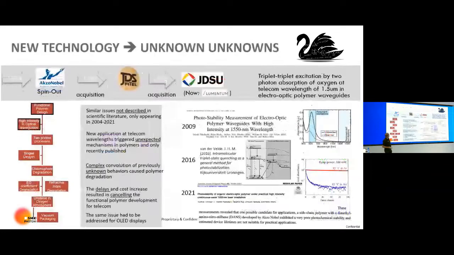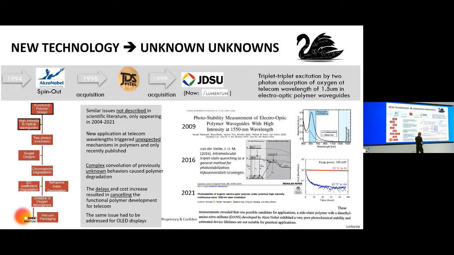Okay, going back 30 years in time, I worked with a company called AkzoNobel, probably known here in the Netherlands. AkzoNobel had lots of polymer chemistry knowledge and wanted to diversify into different markets. So we went into recordable DVDs, films for displays, and electro-optical polymers for telecommunications.